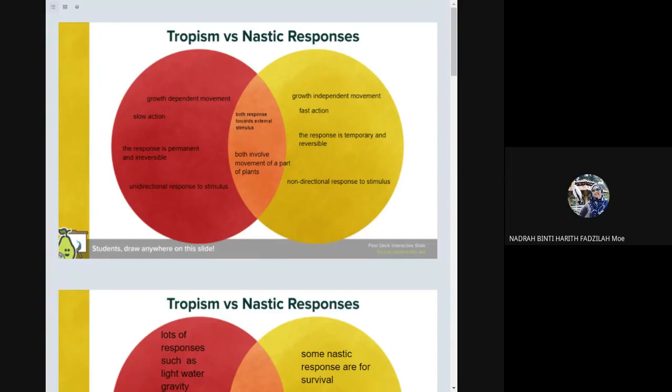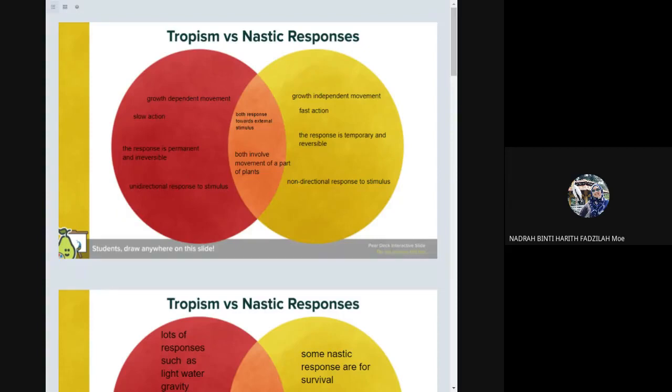Next one. Kita dah kena tropism dan nastic responses. Now we will explain more regarding tropism in the next subtopic, which is phytohormones. So tropism ni adalah responses that plants do that affect its growth.